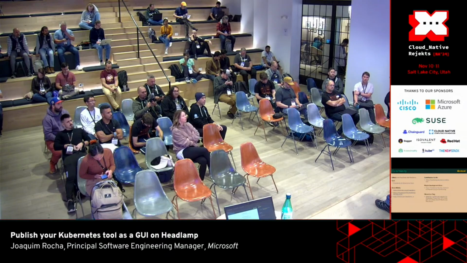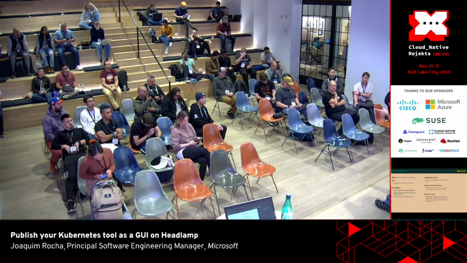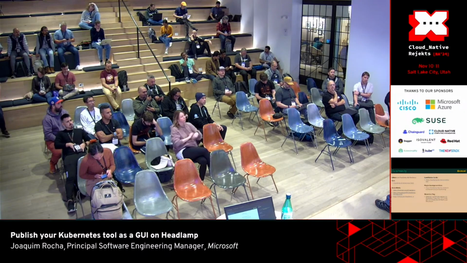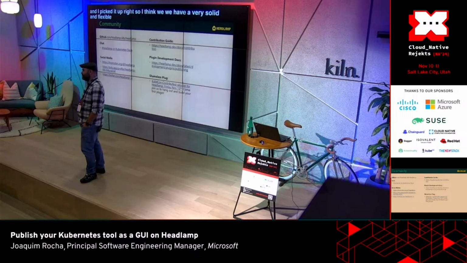I think we have it enabled only for Minikube and a couple of other commands. And you have to run a special flag, right? But nothing really impedes that you just say, okay, I want to run any command. And then your plugin can say, hey, run this command for me. The command is git with whatever these values. These values come from whatever the user wrote here, and I picked it up, right? So I think we have a very solid and flexible solution.